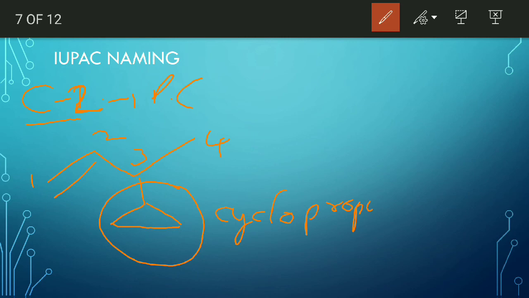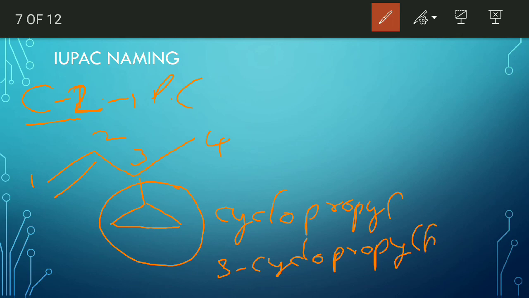So that's all. So 3 cyclopropyl, and now we have but 1 ene. So this is the IUPAC name of this compound.